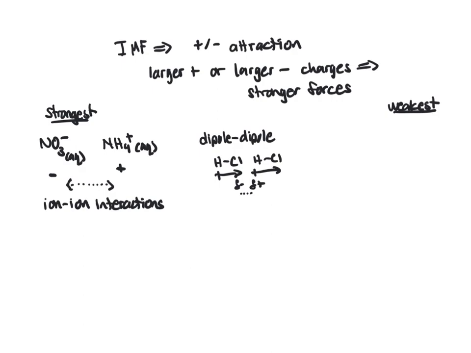But because these are not full charges, these are just partial charges, this is weaker than this interaction between full charges. So then lastly, we have our London forces, because those are interactions between partial positive and partial negative charges that are only instantaneous. They don't exist for a long period of time, and so they're very weak.